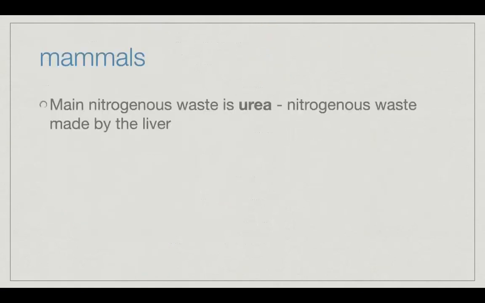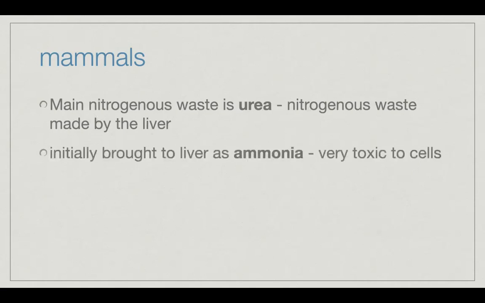Now, for mammals, the main nitrogenous waste is urea, but this is not actually the direct result of the metabolism of amino acids. This is what the liver converts that into. When your body metabolizes proteins and breaks down amino acids, the waste product is ammonia.